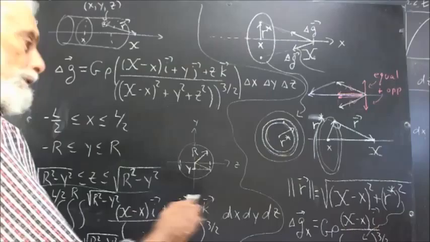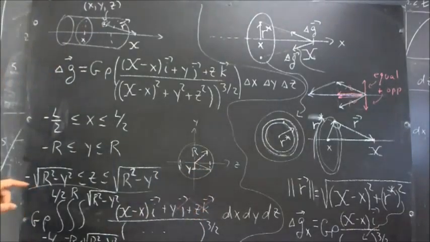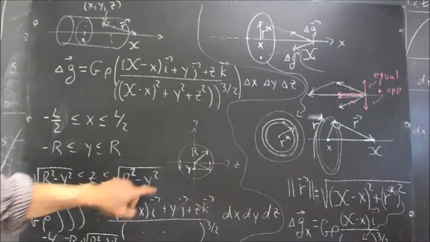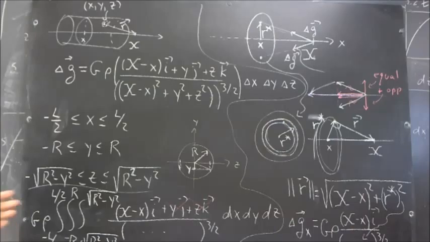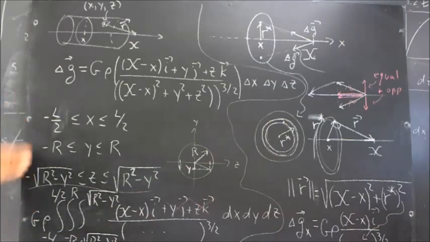And by the Pythagorean theorem, that means that z is going to go from negative square root of big R squared minus y squared to positive square root of big R squared minus y squared. And that's straightforward if you're used to doing this sort of thing, and if you're used to describing regions in terms of inequalities. If you aren't, take our word for it.